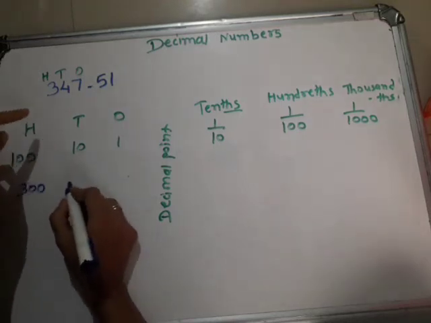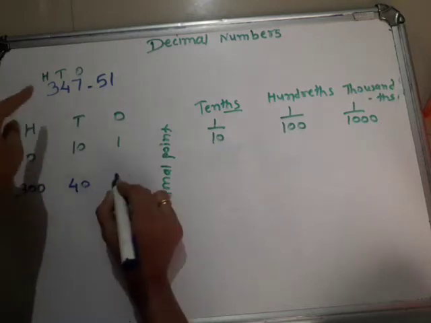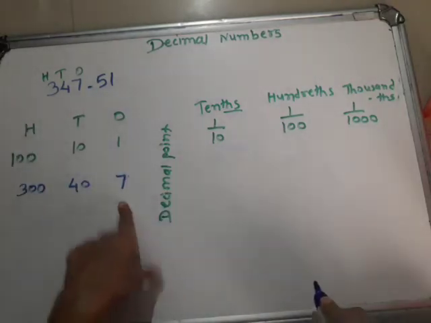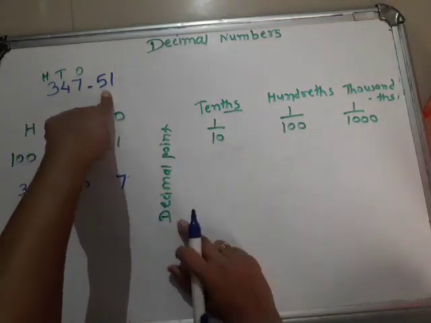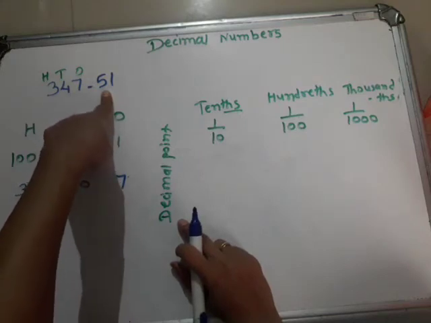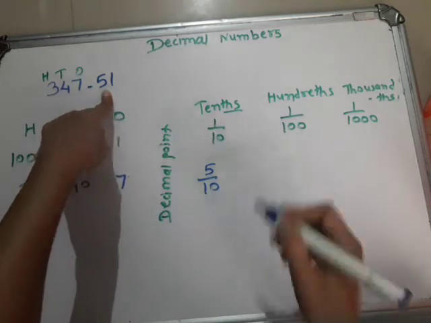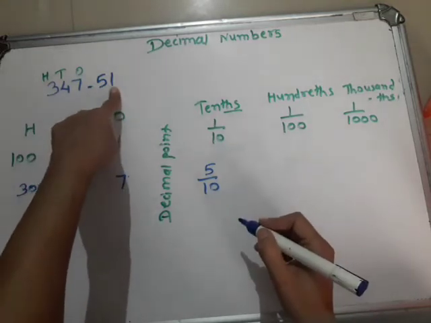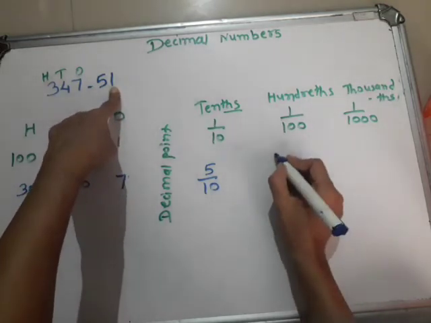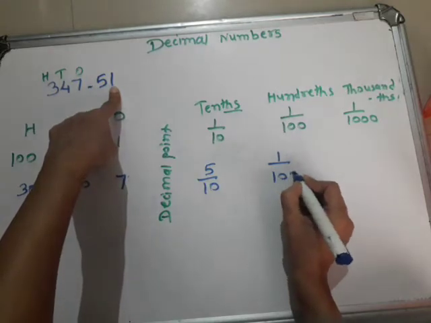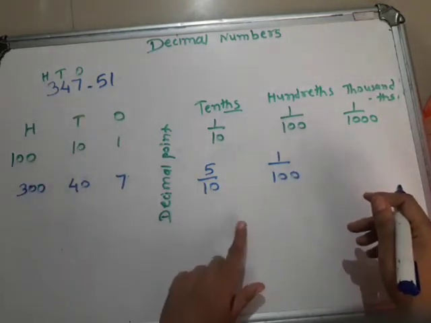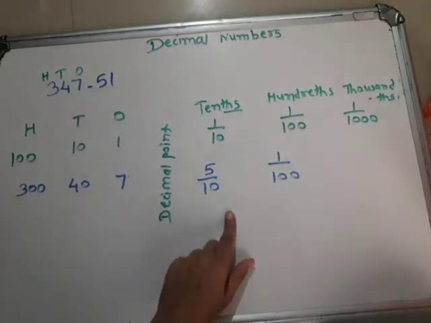Then 40, and this is 7. And after the decimal point, the first place is the tenths place. So tenths place means 5 upon 10. Next, hundredths place means 1, 1 upon 100. We put these values in the place value chart like this.